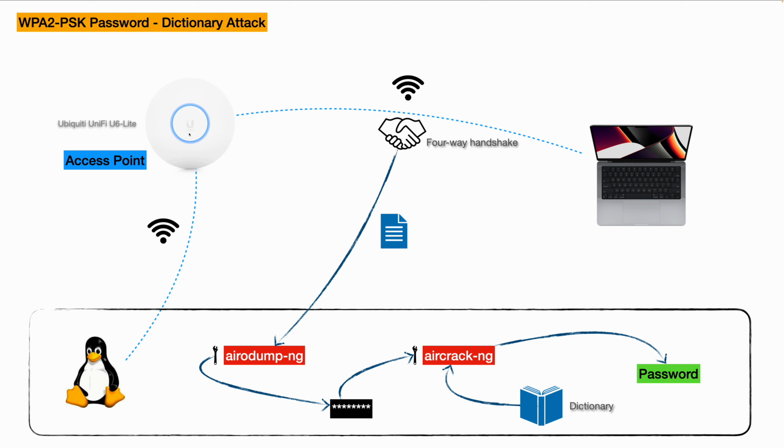In my lab environment, I have a unified access point and I have a MacBook to connect to the AP using WPA2. I'm running a separate Linux machine to capture the 4-way handshakes using this airodump tool, and then once the packets are captured, they will be saved offline to a file, and then I use another tool, aircrack, to read the captured file, then use some existing dictionaries to guess the password.